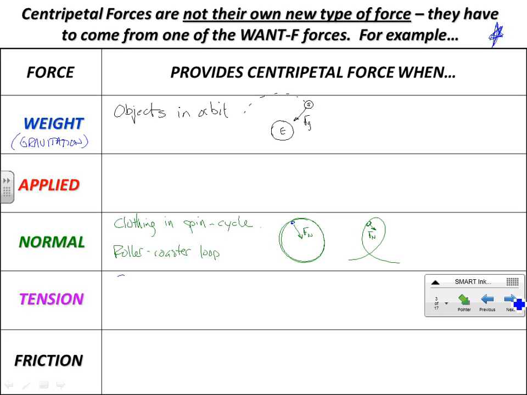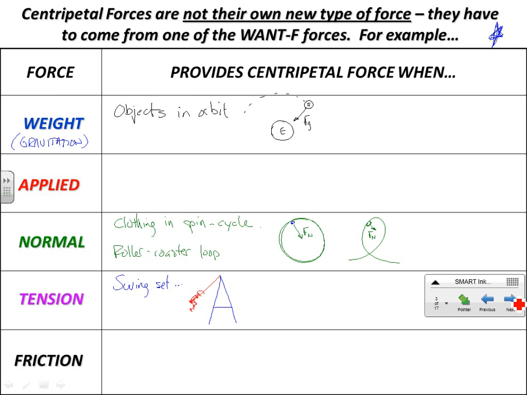Tension. How about a swing set? It doesn't have to be a full circle. Here's a side view of a swing set, you've got a little brace there, and here's a person on the swing, legs and feet, and hands and head.